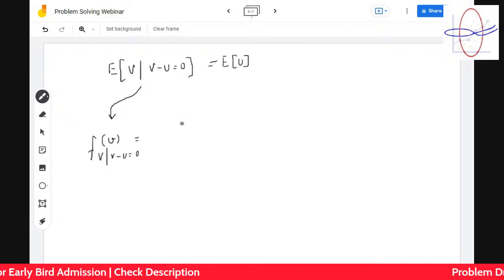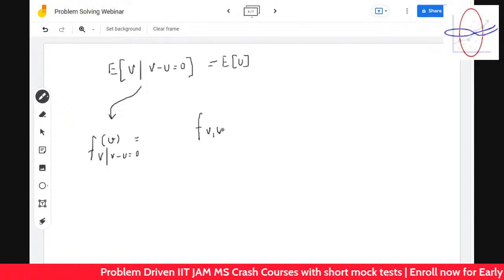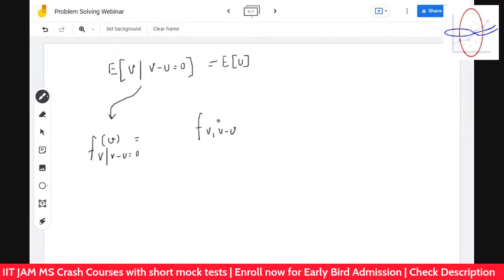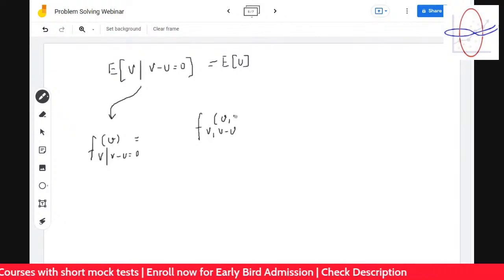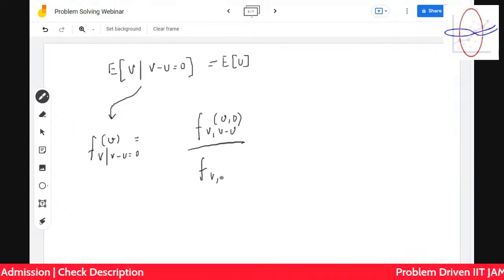Now using the conditional distribution, it's f of V comma V minus U of v comma 0 by f of V minus U of 0.